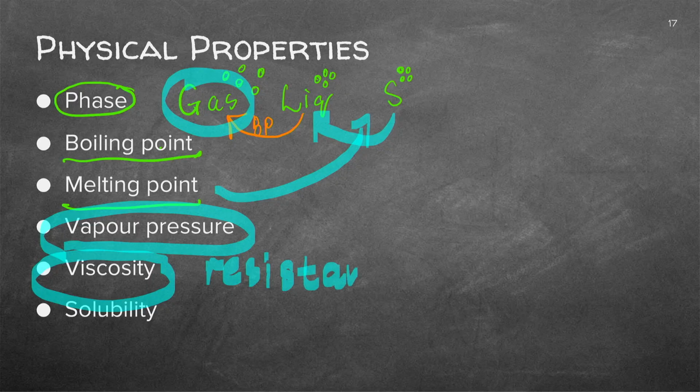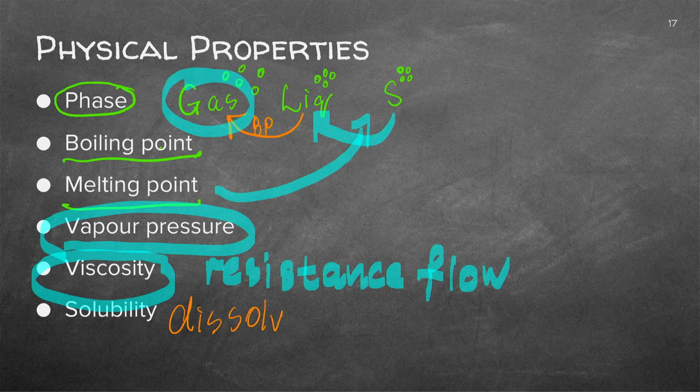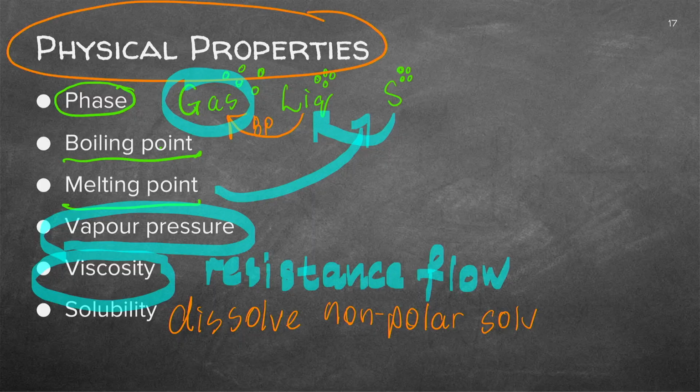A liquid like, for instance, syrup or honey resists flow, so it's got a greater viscosity. And then solubility will be whether it can actually dissolve or not in a non-polar solvent. So these are the factors that can influence the physical properties.